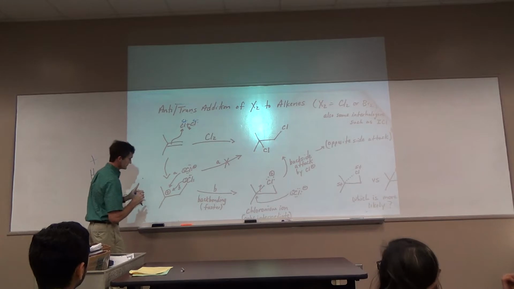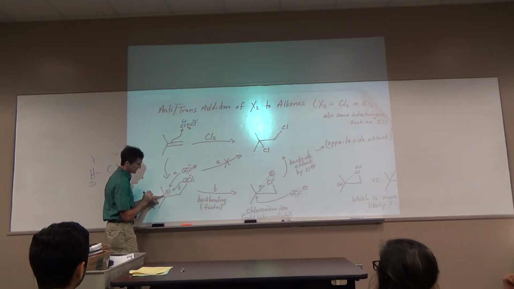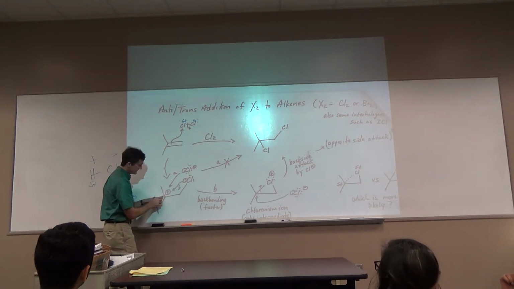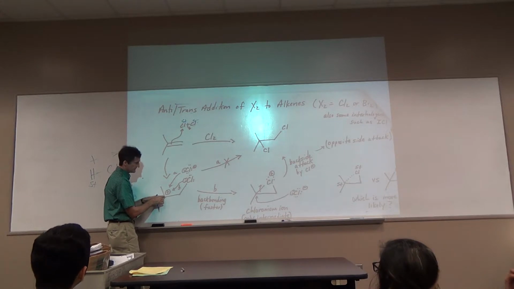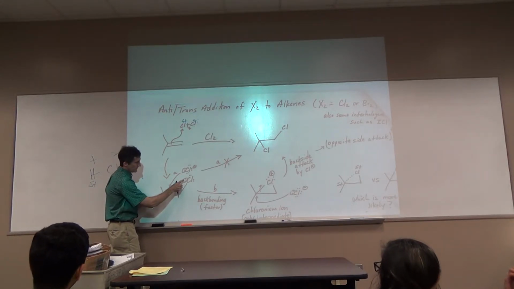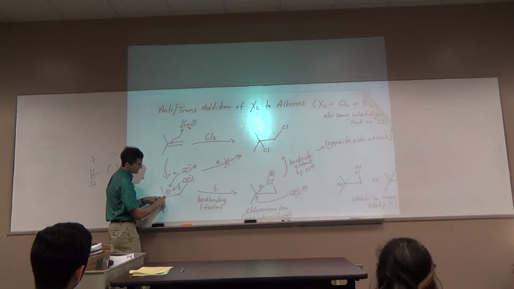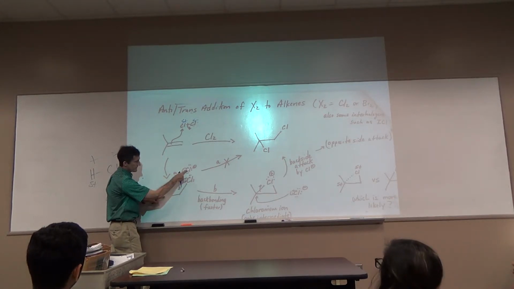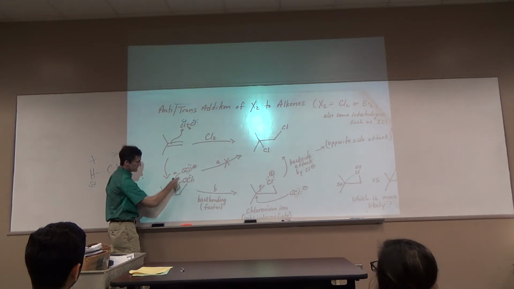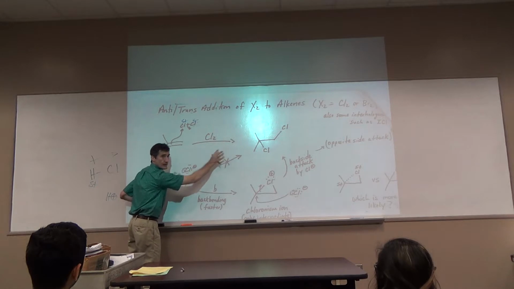For now, though, think about this. Which electrons can attack this plus faster? Because we have two lone pairs here. These electrons are actually going to attack faster than this. Because this chlorine is not bonded to the system, it can actually be way away.